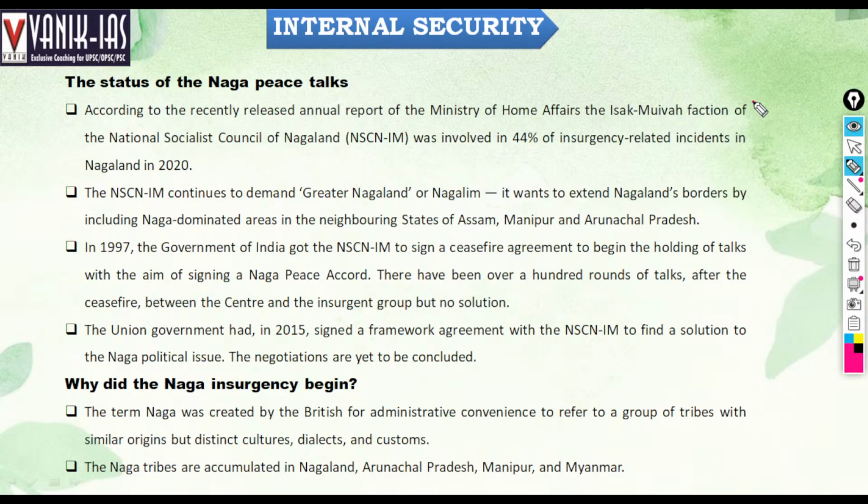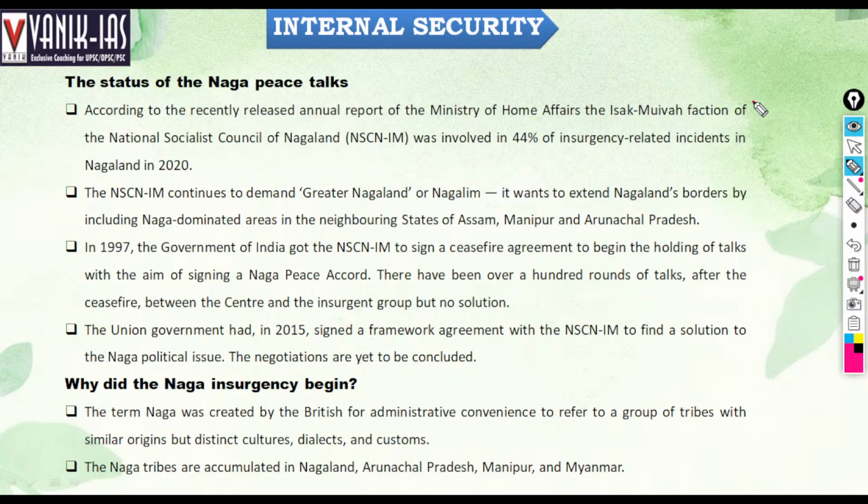So with the Nagas, there is an insurgency organization, the National Socialist Council of Nagaland, which was involved in 44% of insurgency related incidents in Nagaland since 2020.